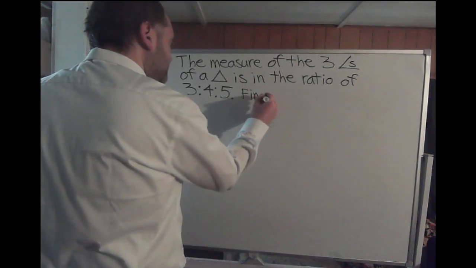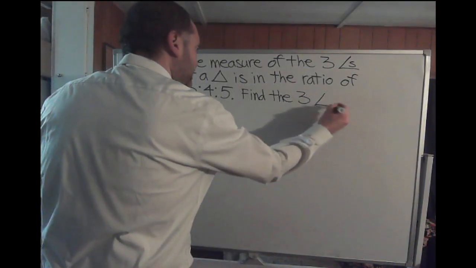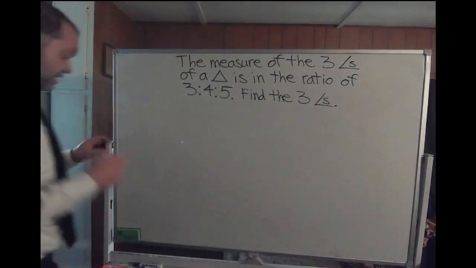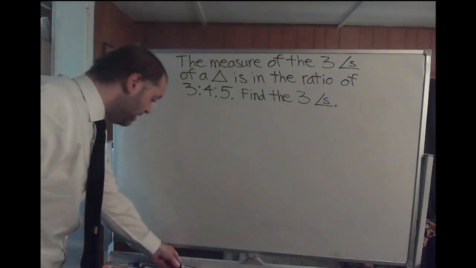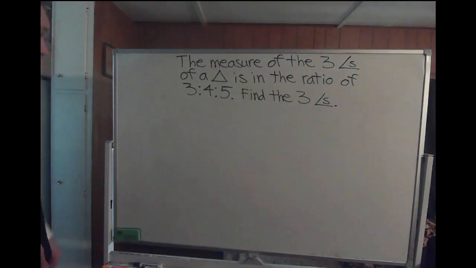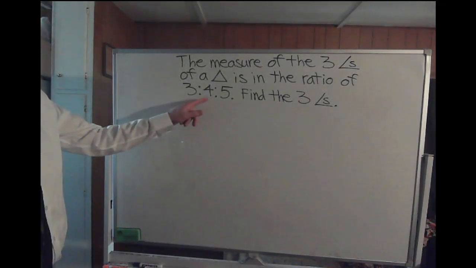Find the three angles. So yes, you actually can have a three-way ratio. So the measure of three angles of a triangle is in the ratio of 3 to 4 to 5.